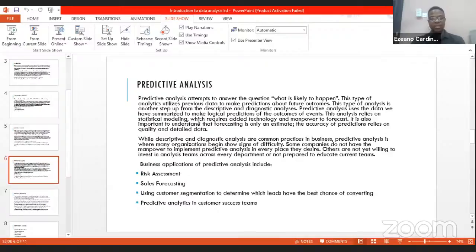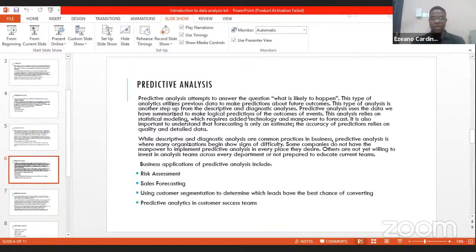This type of analytics utilizes previous data to make predictions about future outcomes. This type of analysis is another step up from descriptive and diagnostic analysis. Predictive analysis uses the data we have summarized to make logical predictions of the outcomes of events.